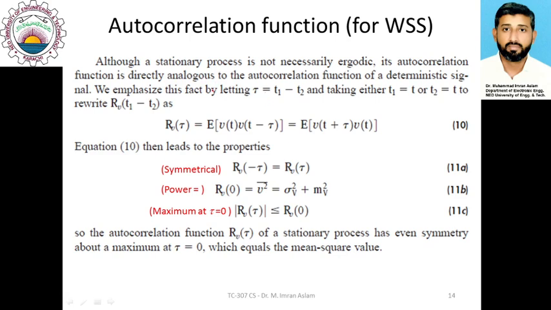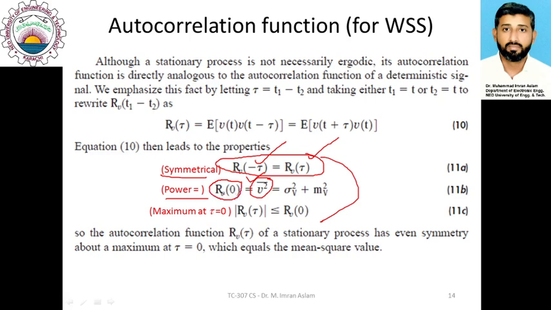This autocorrelation function has certain properties which are illustrated here. The first property is that the autocorrelation function is symmetric. Whatever behavior you see for negative values of tau, you would see the same behavior for positive values of tau. Similarly, we can calculate power from the autocorrelation function, power which is given as the mean square value, and this is calculated when tau equals 0.